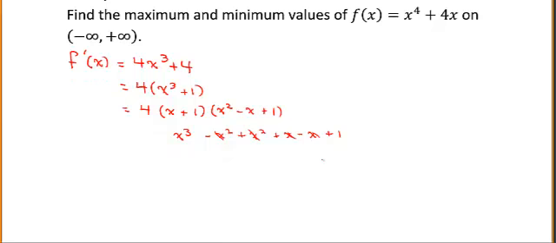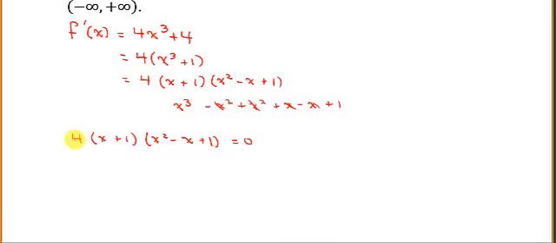Notice then the critical values are going to be where this expression is 0. So we'll have 4 times x plus 1 times x squared minus x plus 1 is equal to 0. Well, that 4 is never 0. x plus 1 is 0 when x is equal to negative 1. How about x squared minus x plus 1?